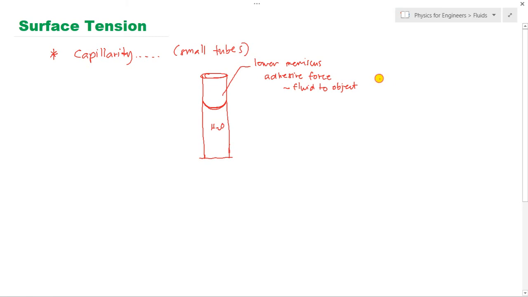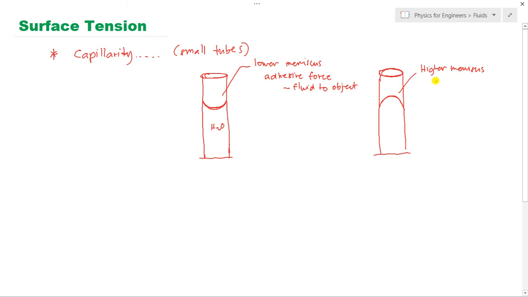Whereas another phenomenon that can occur is a higher meniscus. In a higher meniscus, it bulges, class. Especially mercury in liquid form bulges like that. So that is a higher meniscus.